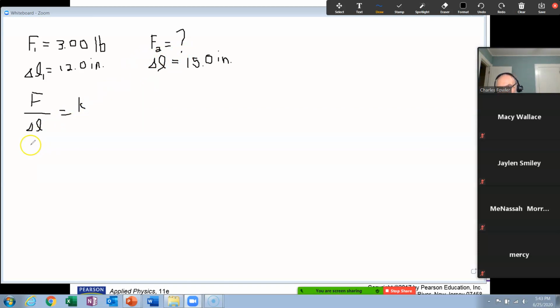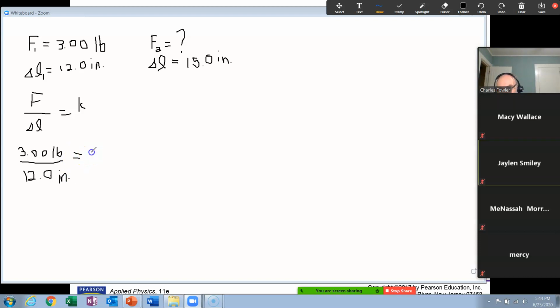So let's plug in what we know. 3.00 pounds divided by 12.0 inches. All right. So the Hooke's law constant for this will be, well, 3 divided by 12, 3 is 1/4 of 12.